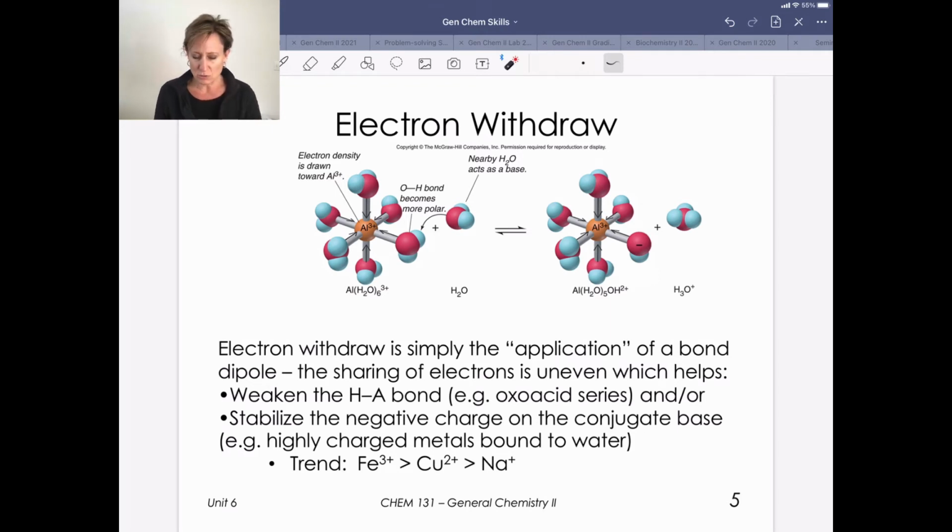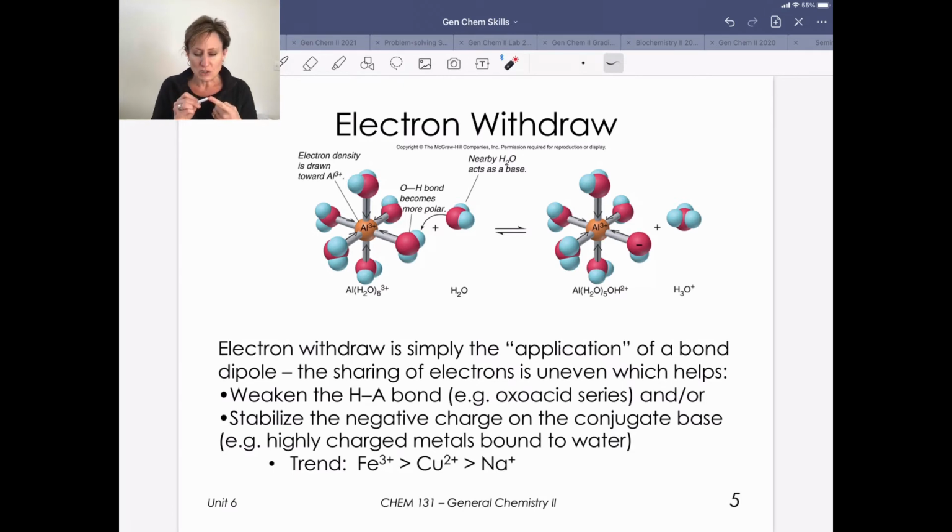why highly charged metals are able to create acidic solutions. What happens here is we have a metal that coordinates to, or binds to, water molecules. Because of that positive charge, we pull on the electrons in this oxygen-hydrogen bond.